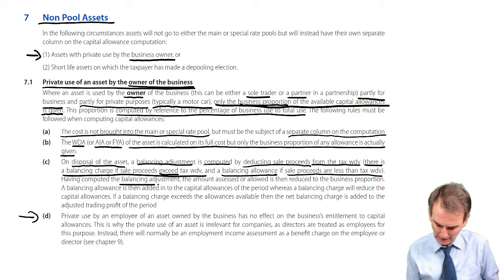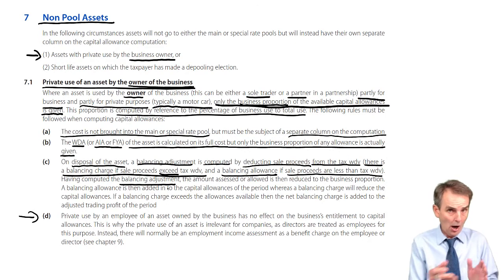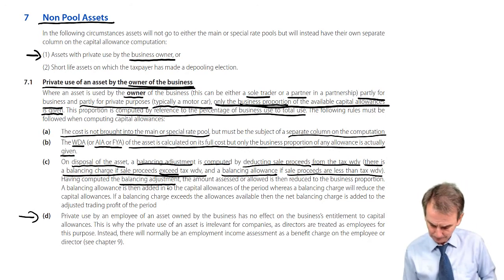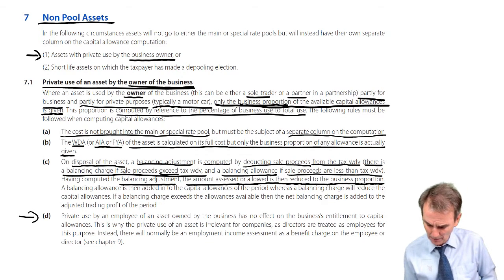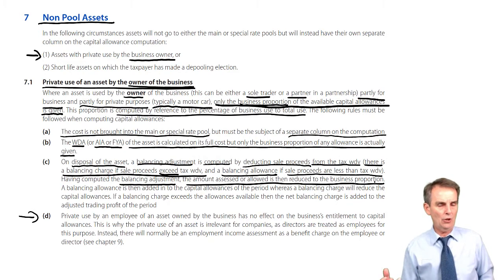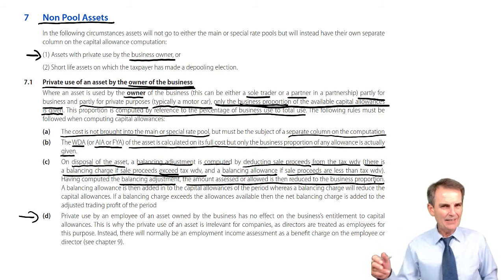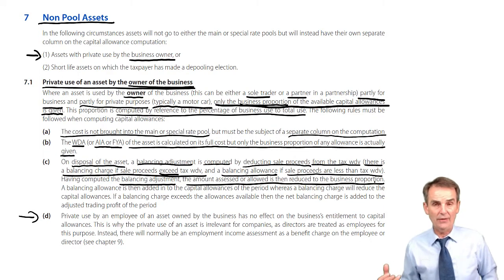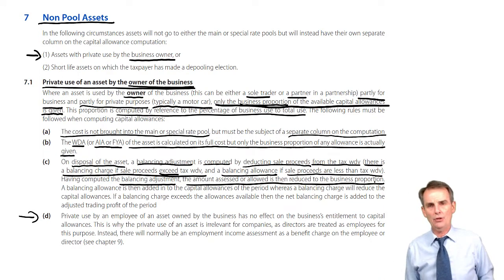Having computed the balancing adjustment, it is known either charge or allowance. Having computed, the amount assessed or allowed is then reduced to the business proportion. So if you've got a balancing charge or balancing allowance, the figure to go into your allowances column as either a negative, a bracketed figure if it is a balancing charge, or a positive inclusion if it is a balancing allowance, the figure to be included is the business use proportion.